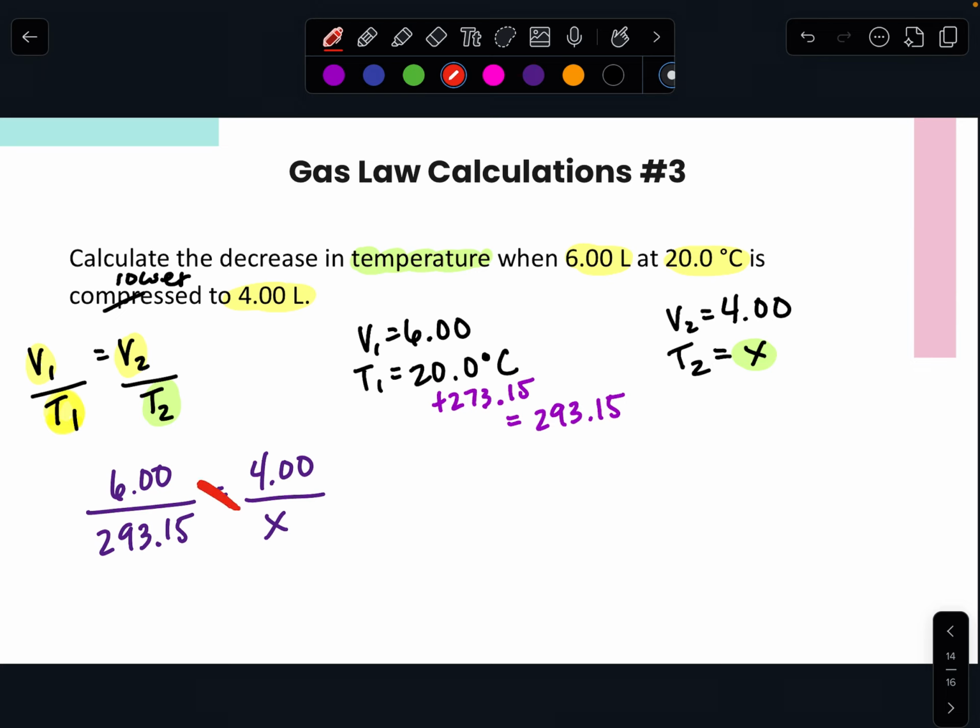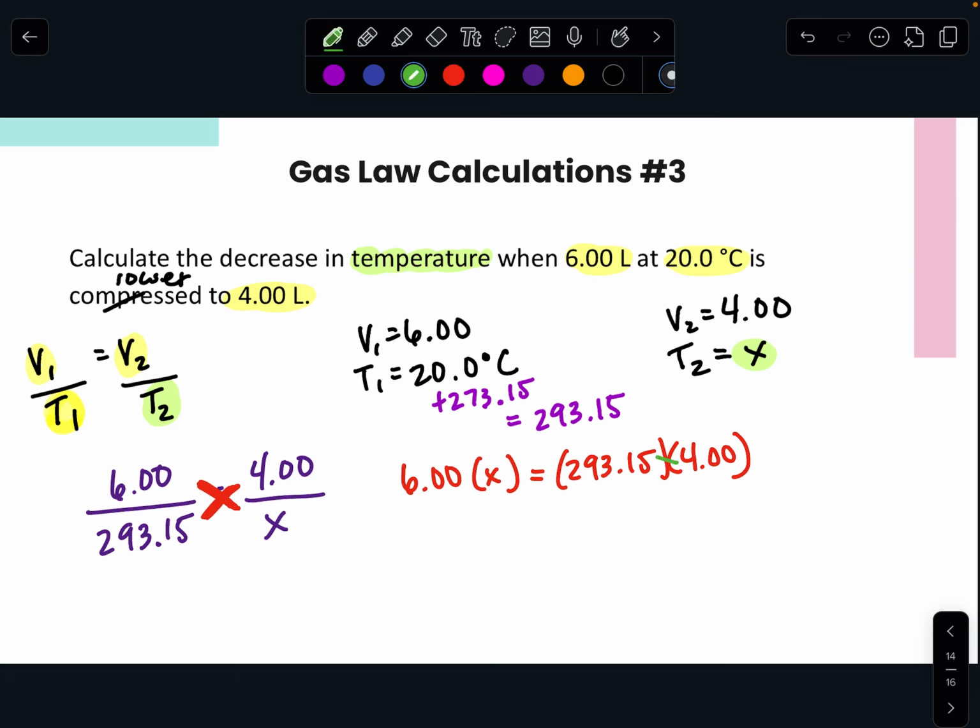So I'm going to multiply the 6 times the X, and then I'm multiplying the 293 times the 4. And then now we're back to a basic equation that we can solve.